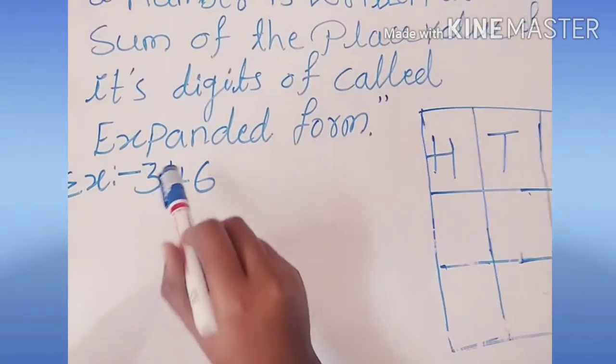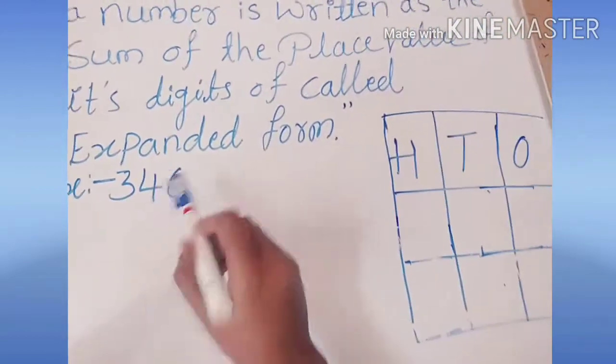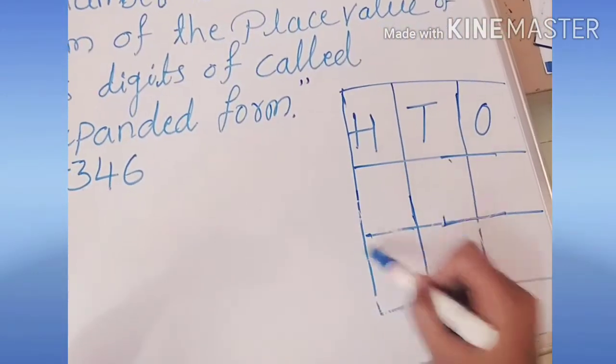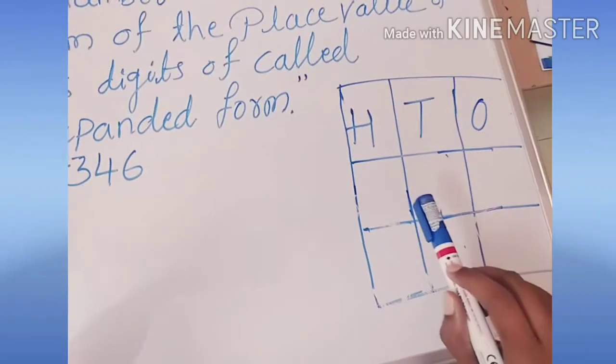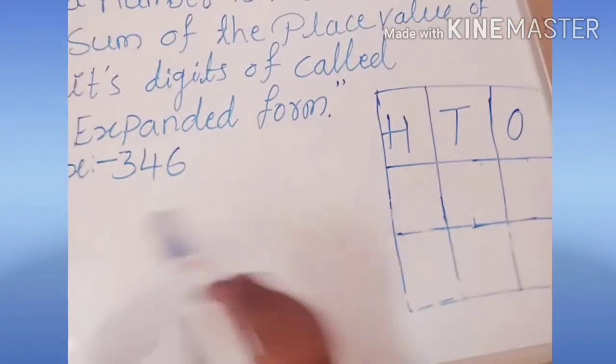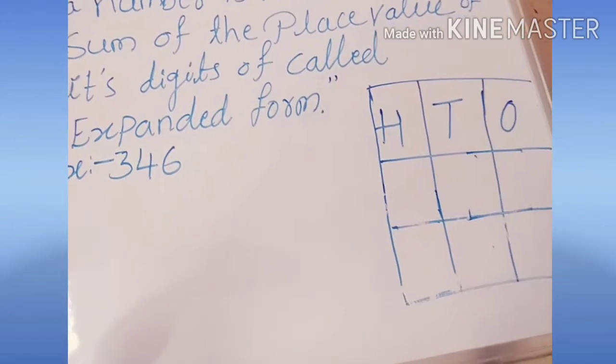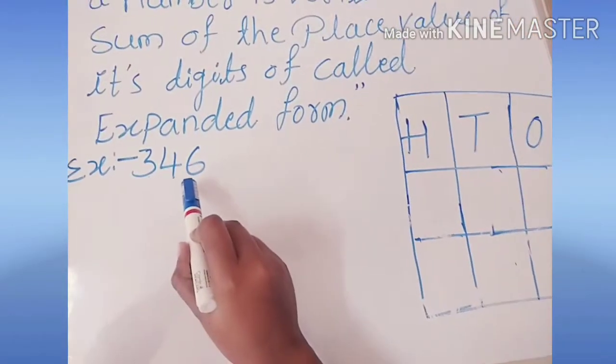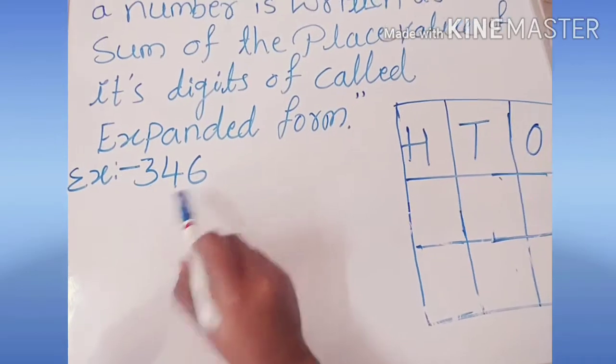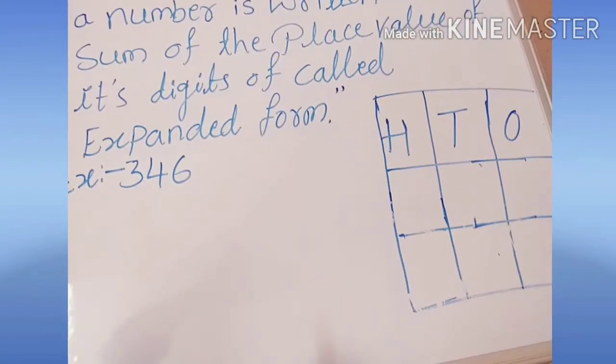Okay, now we will keep the values in their places. See children, this is a place value chart. Using this chart we will keep the values in their places. Okay, dear students, in this number how many ones are here? Yes, 6.